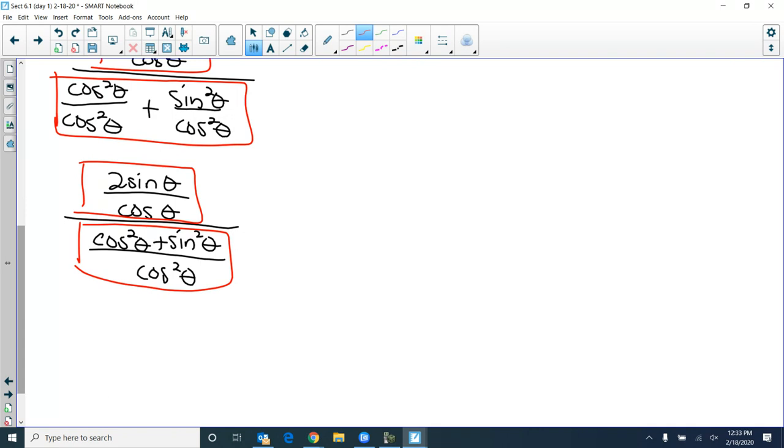Does anybody see? 1. 1 goes where? Sine squared plus cosine squared, we originally wrote it as sine squared plus cosine squared, but obviously you can switch the order. That equals 1. So that means this whole numerator is equal to 1. I can take the whole thing out and replace it with 1.